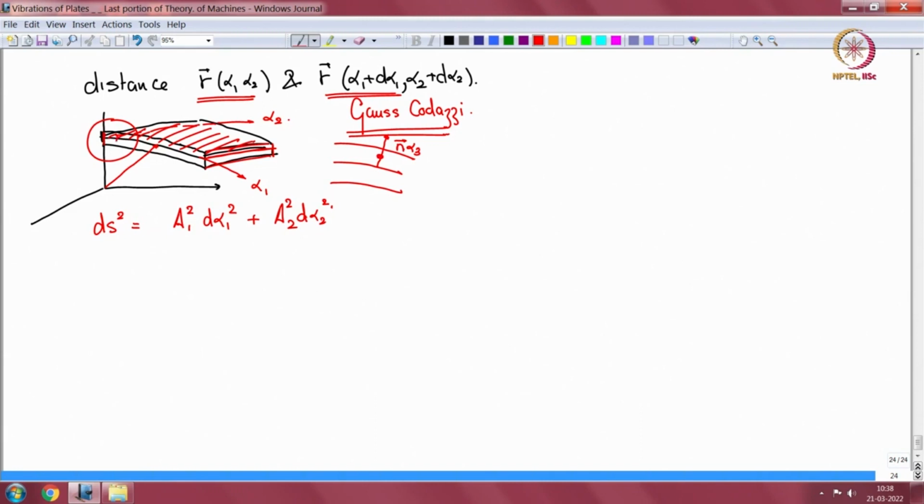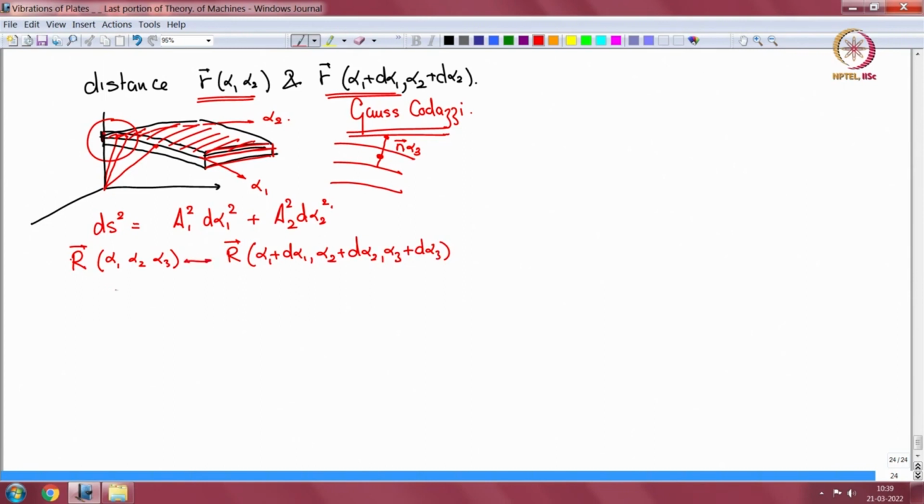So, let us say it is there, that point, and another point a differential distance away within the material. So, that means we have a point which is R at alpha 1, alpha 2, alpha 3, and another point R at alpha 1 plus d alpha 1, alpha 2 plus d alpha 2, alpha 3 plus d alpha 3. Okay. So, now what is the distance between these two?